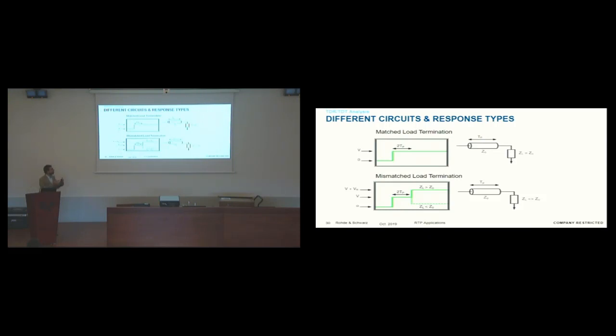And in case of any mismatch, which is different from the impedance of the source, which is 50 ohm, or in case of differential usually 100 ohm, we will get different steps, and depending on this value, we will guess the value of the impedance.